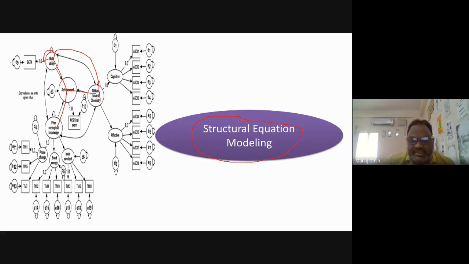structural equation modeling. For example, if I'm working on the retail sector, I'm interested to know the intention to visit a mall. Intention to visit depends upon the attitudes of the customer, and second is the location of the mall.